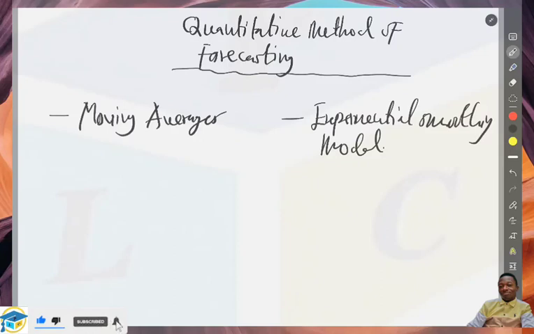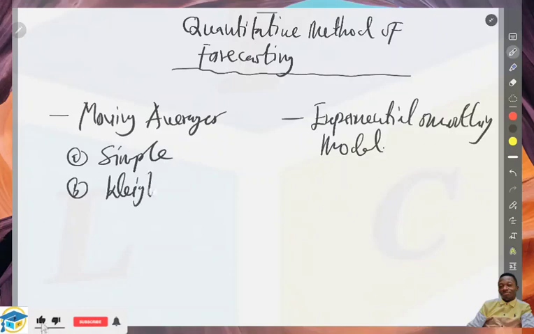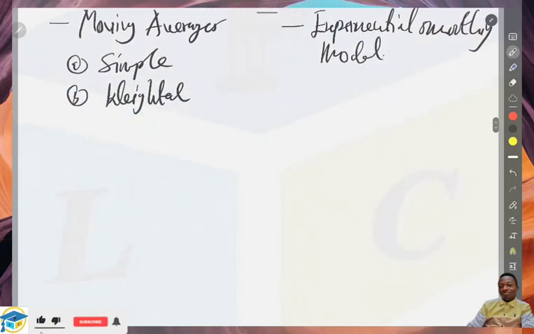Under the moving averages, we have two approaches. We have the simple moving average, and we have the weighted moving average. So let's do the discussion further by looking at what is a simple moving average, SMA.